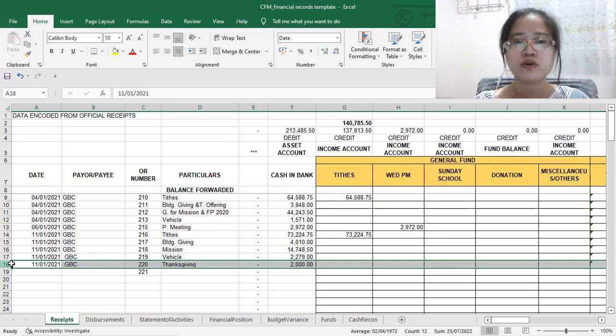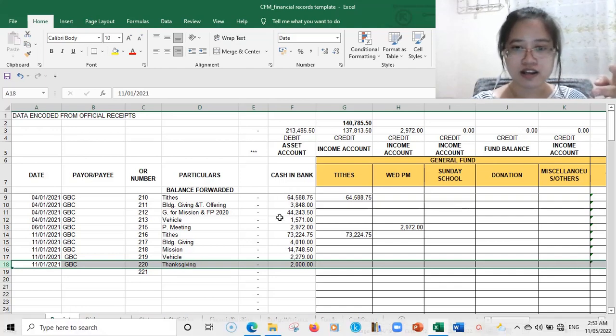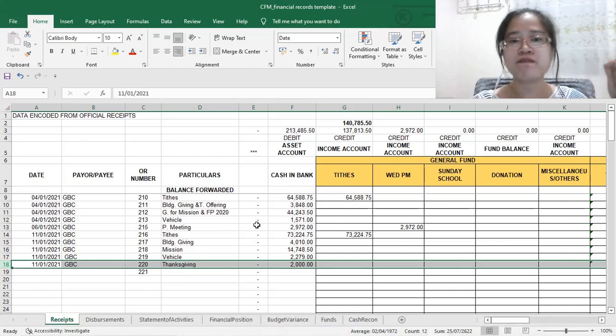So that's the completeness: they have to make sure that every OR that was sampled is in the records. And then for the accuracy, the information from the source documents is the same as what has been recorded in the records. Essentially, those are the two tests.